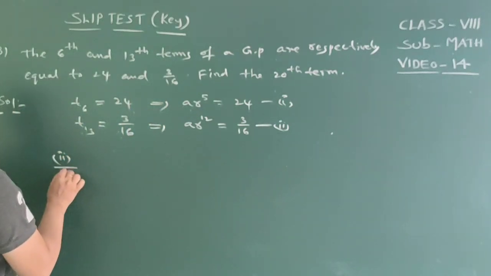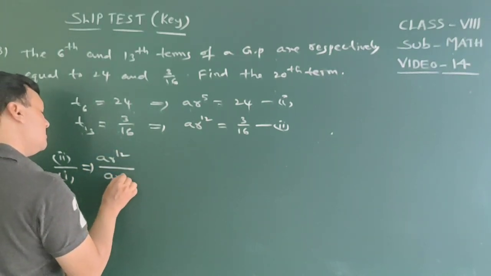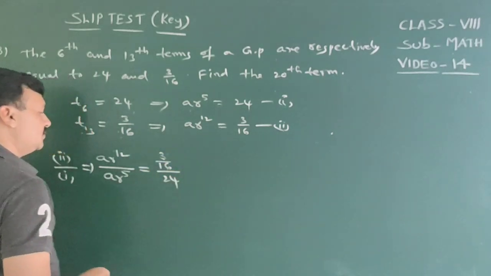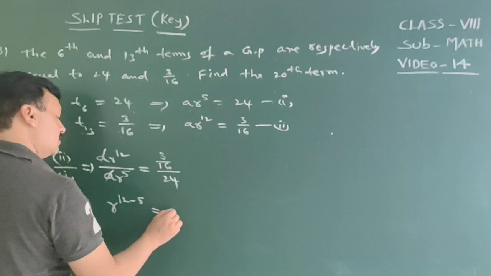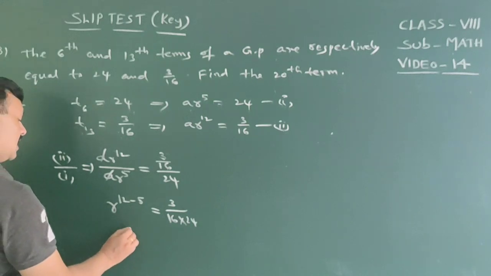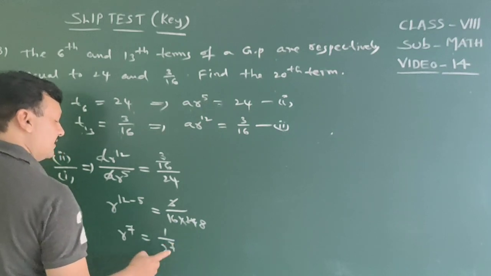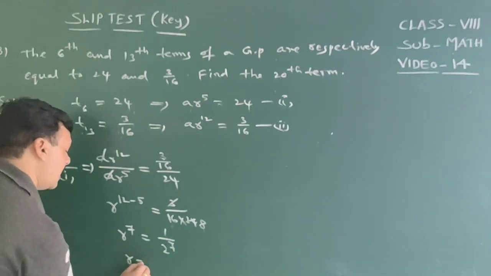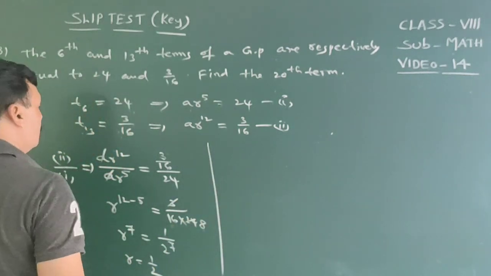If you divide the second equation by the first equation, here a r power 12 by a r power 5 equal to 3 by 16 by 24. Here a gets cancelled. r power 12 minus 5 equal to 3 by 16 into 24. Here r power 7 equal to 1 by 2 power 7. 16 means 2 power 4, 8 means 2 cube, 2 power 7. So r equal to 1 by 2.